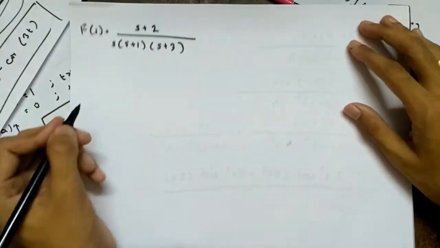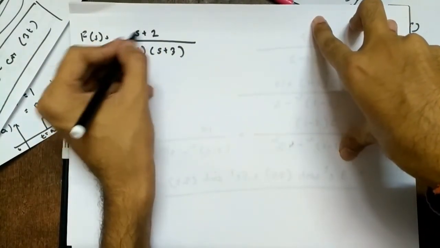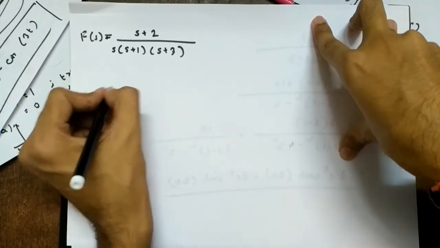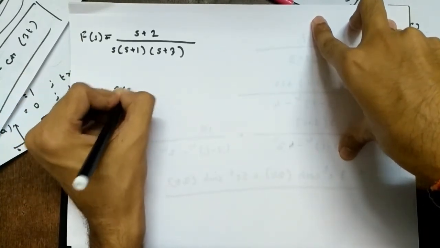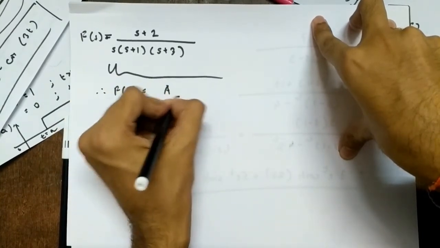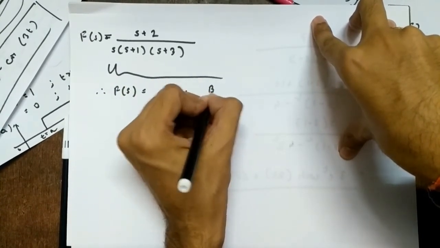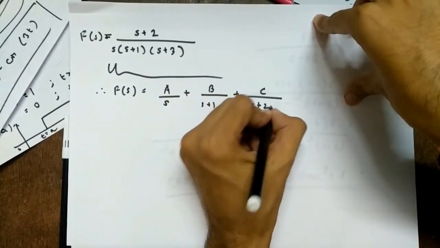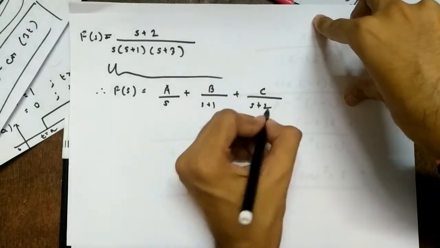How can we do this? You can't use the methods which you used previously. The only recourse is to use partial fraction expansion. So F of s using partial fraction expansion is equal to A upon s plus B upon (s + 1) plus C upon (s + 3).